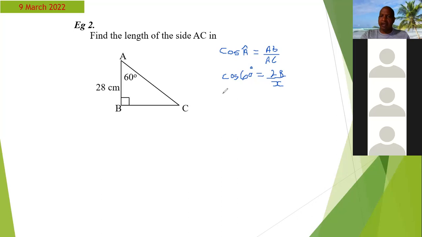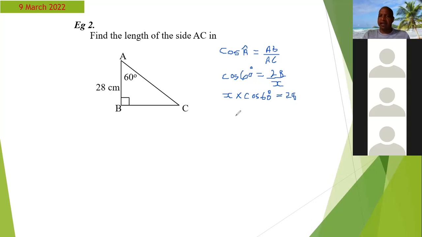All right, so on the left-hand side, you would have x times the cos of 60, or just x cos 60, which is now equal to 28. Okay, sir. All right. So now that you have this equation, you can make x the subject because it is no longer in the denominator.